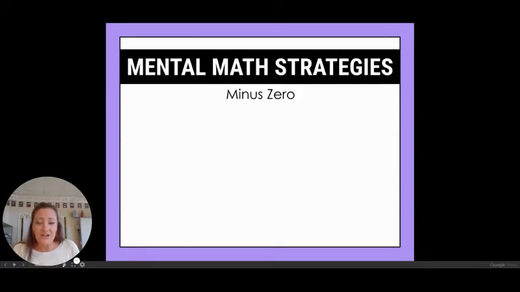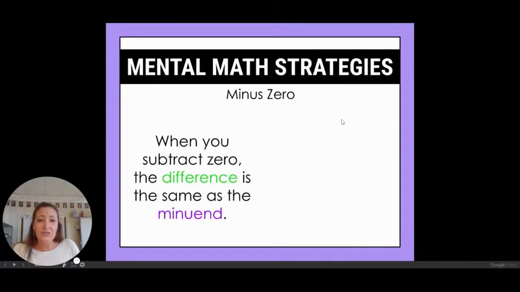Our first strategy is minus 0. When you subtract 0, the difference is always going to be the same as the minuend. So here's some examples. If I have 8 and I subtract 0, I am still left with 8. So my minuend and my difference are both the same.